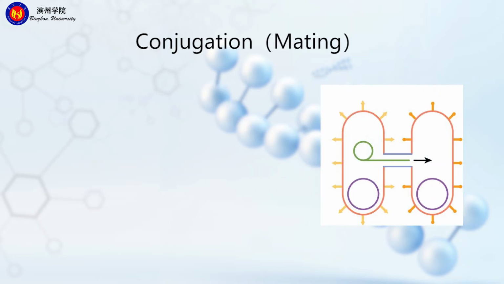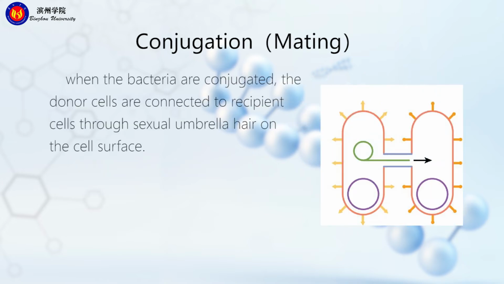Please look at this picture. When the bacteria are conjugated, the donor cells are connected to recipient cells through sex pili on the cell surface.